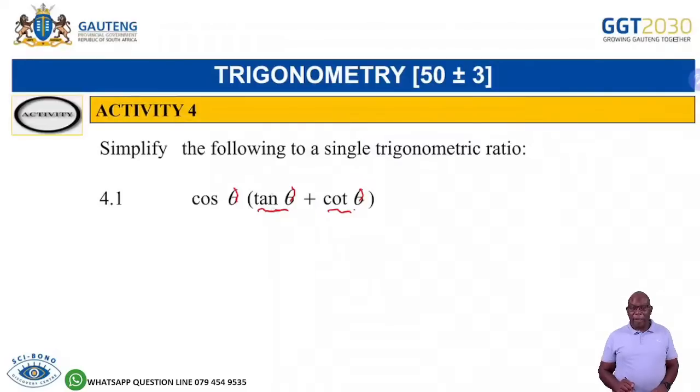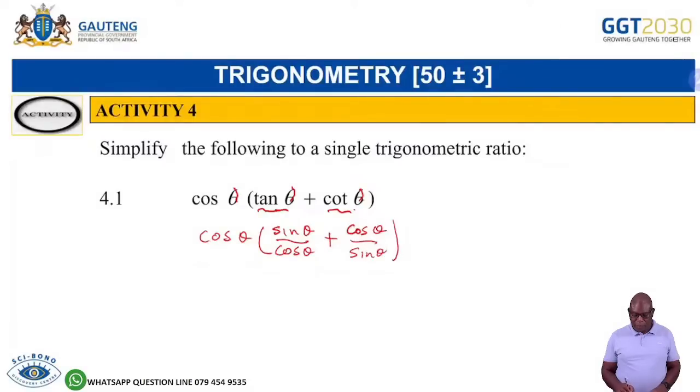So tangent is the same as, I'm leaving a cos outside here, sine theta over cos theta. But I know cot is a reciprocal, so it must be cos theta over sine theta. So you already have 1 mark there, 1 mark there for changing those two.